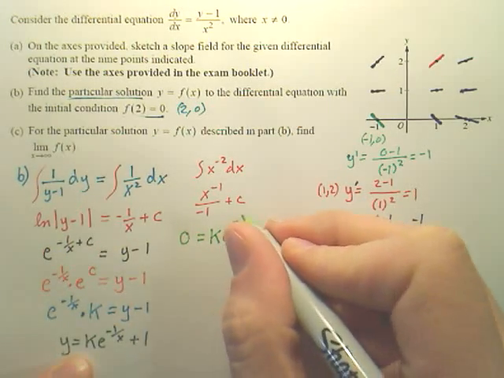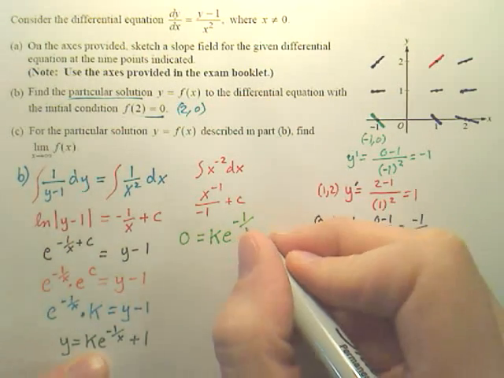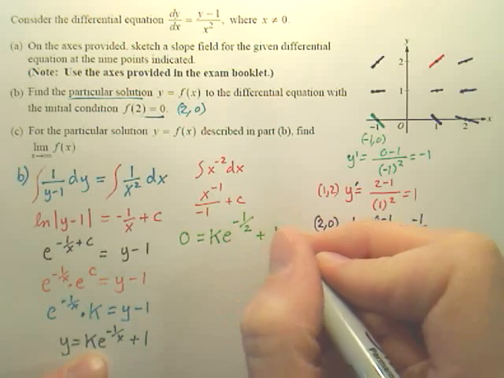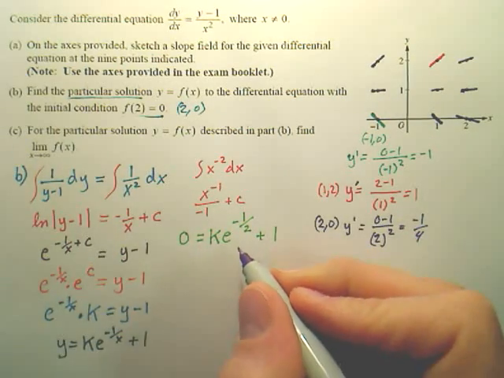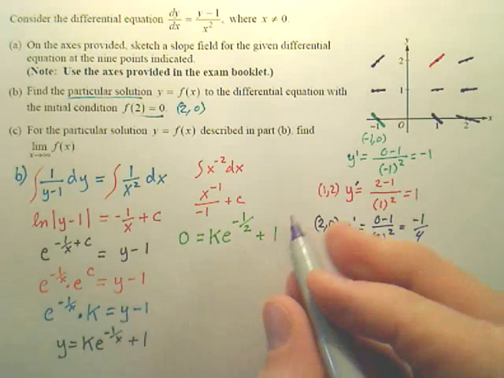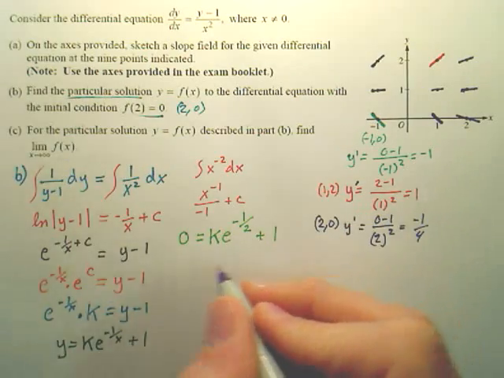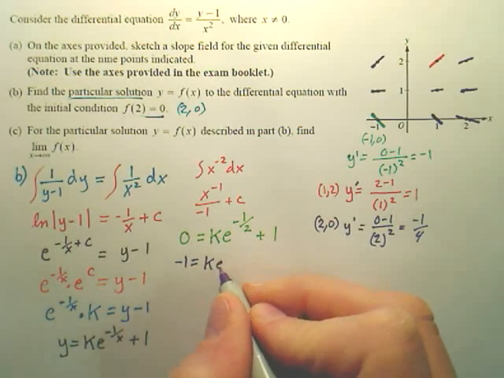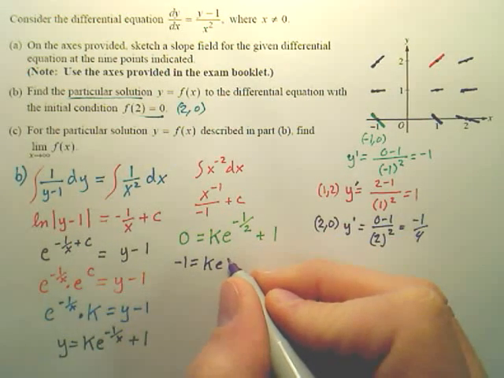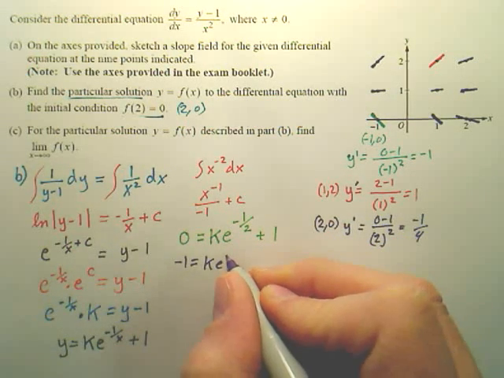This is going to be e to the negative 1 over x, and x is 2, plus 1. So I want to solve this. This is where it could get ugly if you're not good with your exponents and with e's. But you subtract the 1, so you have negative 1 equals k e to the negative 1/2.